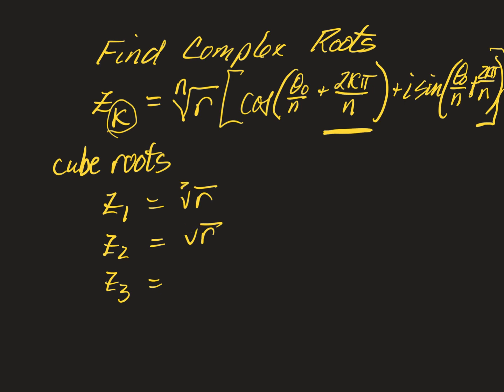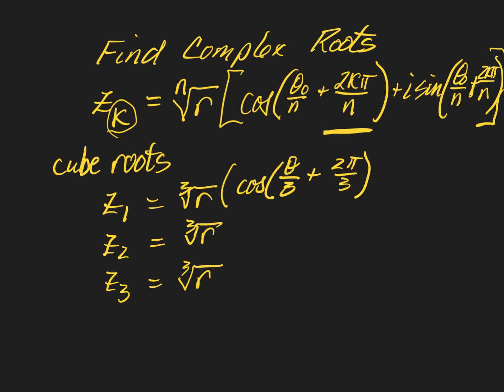So in each case, it'd be the cube root of r, the modulus, times cosine of whatever the particular angle was over n, which would be 3 in this case, because we're doing cube roots, plus then 2 pi over 3.